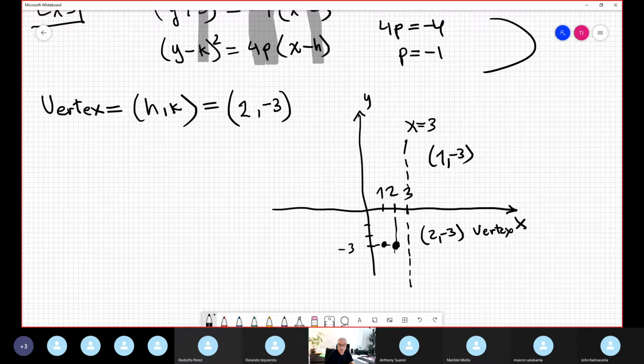Beautiful. And the axis of symmetry is this line passing through the vertex and focus, y equals -3. This is the directrix, and this is the axis of symmetry.